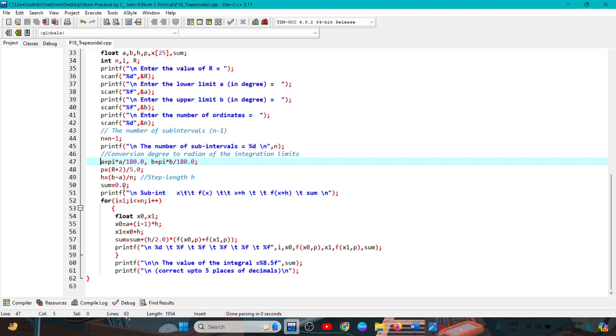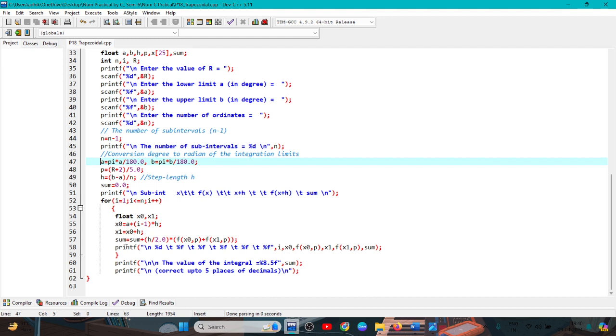Now the initial sum equals 0.0. Now print the subinterval, x, fx, x plus h, fx plus h, and the sum. For i equals 1, i less than or equal to n, i plus plus, and float type variables x0 and x1. Initially x0 equals a, and i equals 1. When i equals 1, this 1 minus 1 is 0, so x0 equals a, and x1 equals x0 plus h.